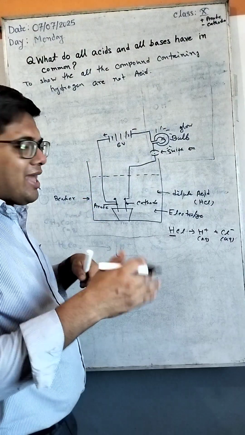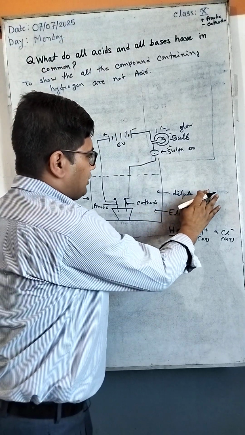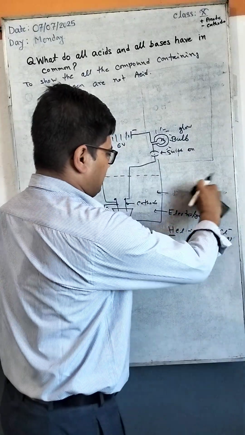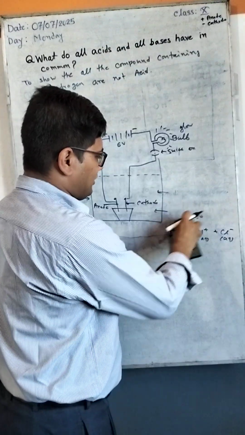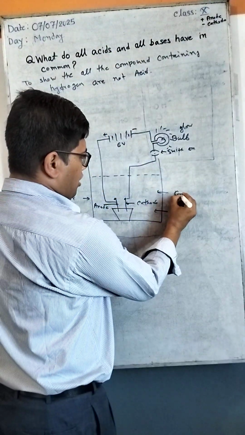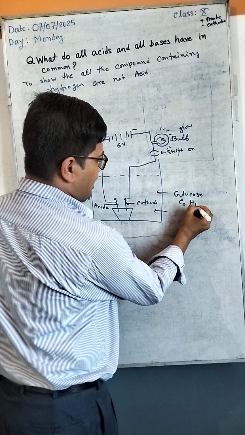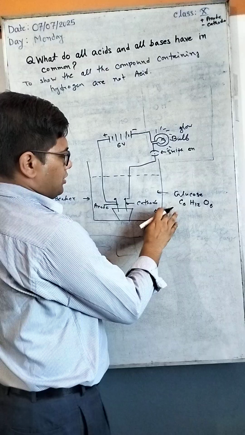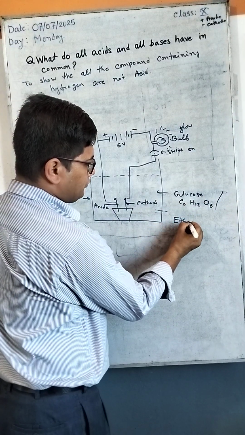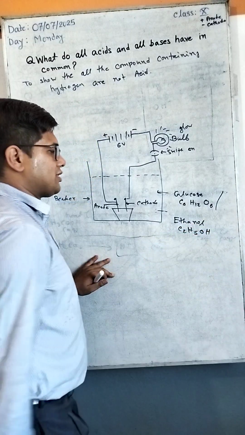Now next time, instead of the acid, if you take a hydrogen compound inside, glucose, formula C6H12O6, or ethyl alcohol, ethanol, formula C2H5OH.